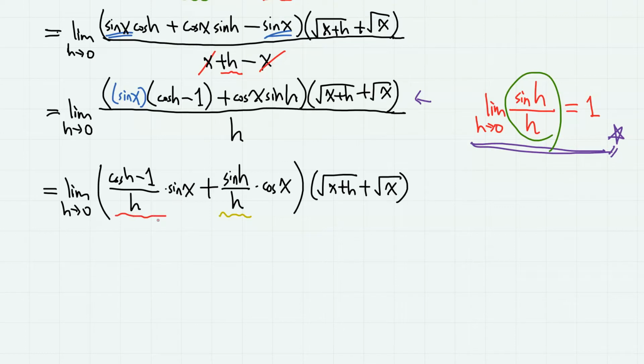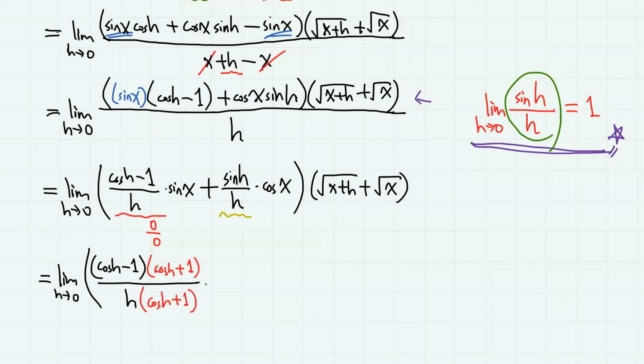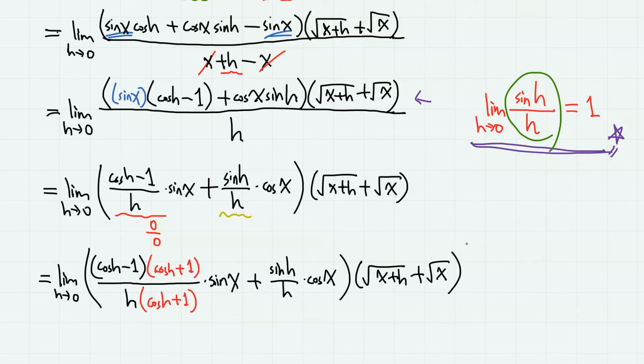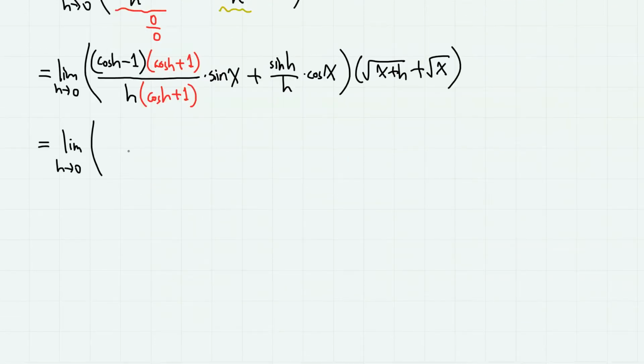Now for this part, we have 0 over 0 form, so we change this fraction by multiplying cosine h plus 1 at both numerator and denominator. So we have this expression. Now, this part equals cosine square h minus 1, which is minus sine square h. So we have minus sine square h here.